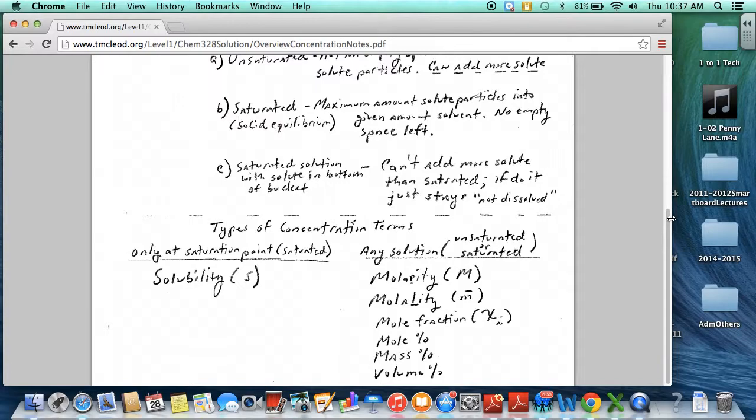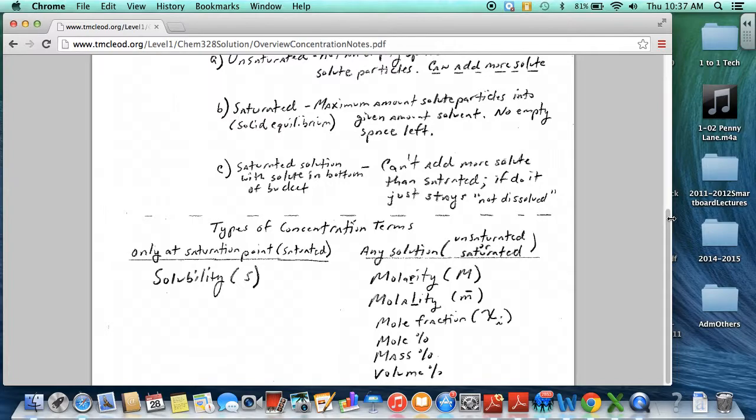All the other ways of expressing concentration, molarity, molality, mole fraction, mole percent, mass percent, volume percent, can be used for any type of solution, either saturated or unsaturated.